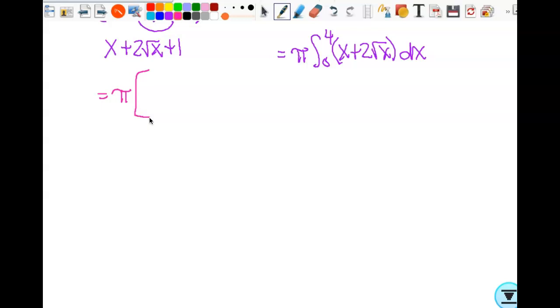I said it's 4 square root x over 3. Okay, so that x to the first, that'll be x squared divided by 2, right?